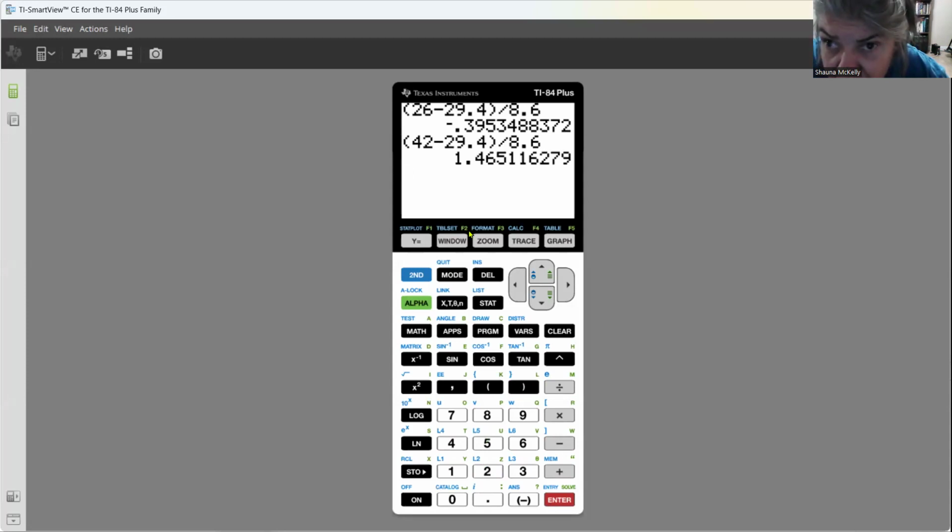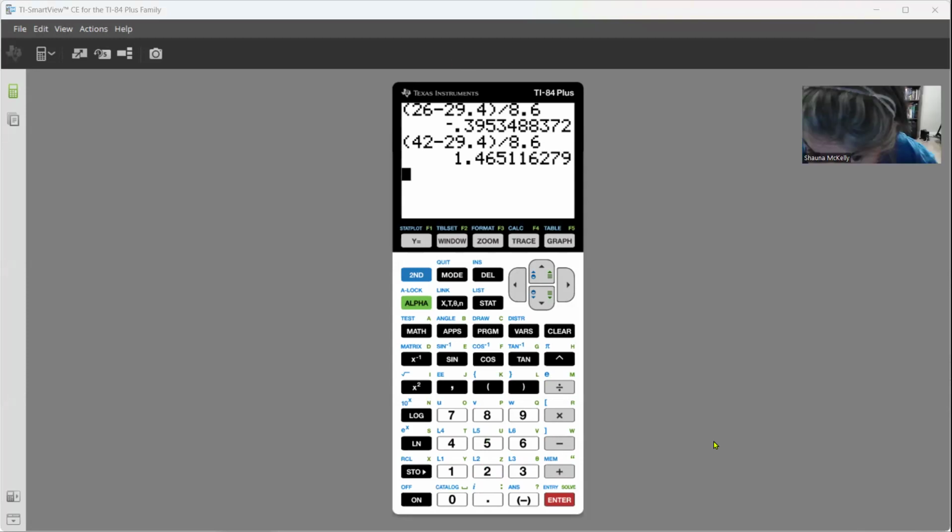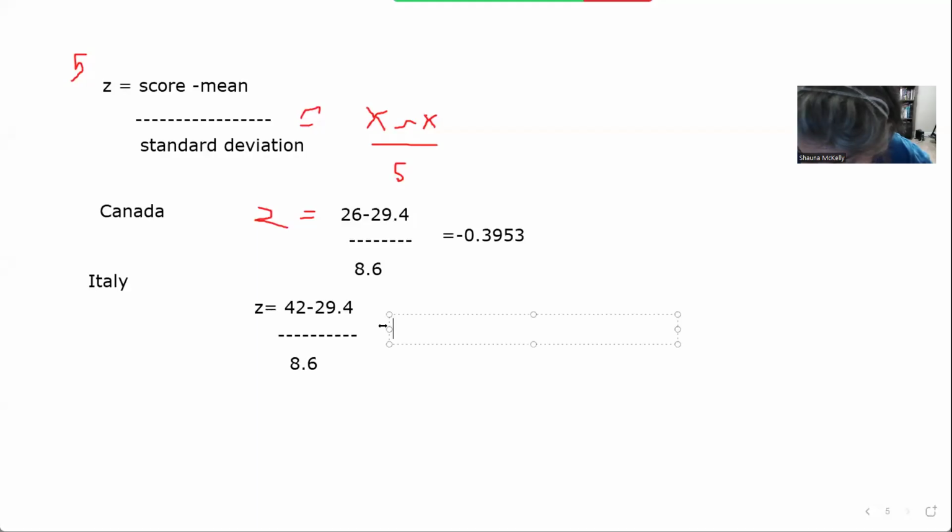1.4651. So here we have Z equals 1.4651. Okay. Now we're going to go and do the last part of this question.